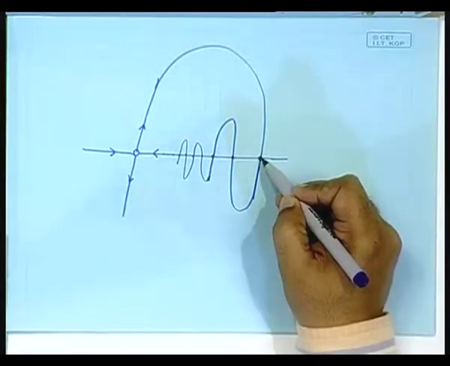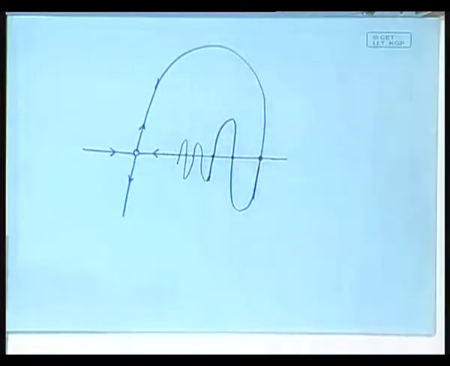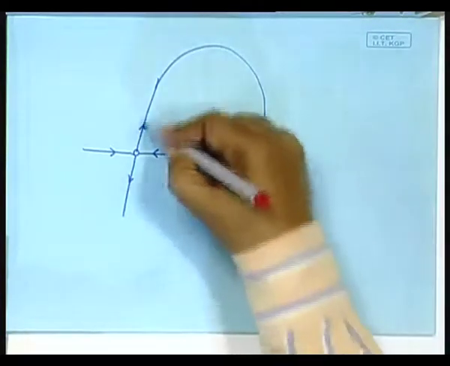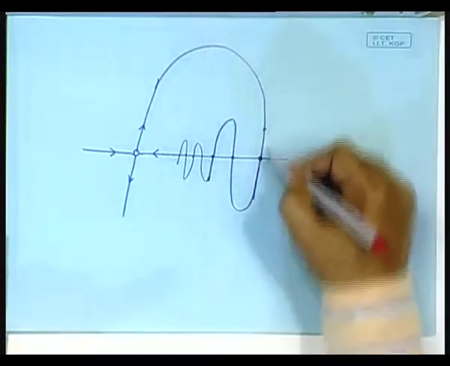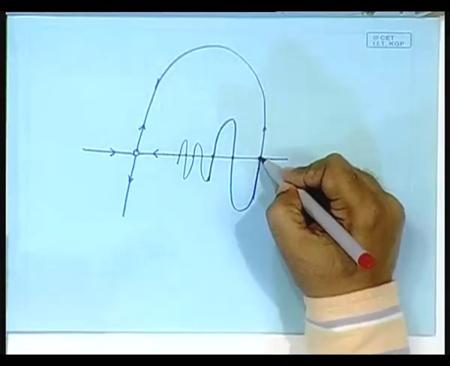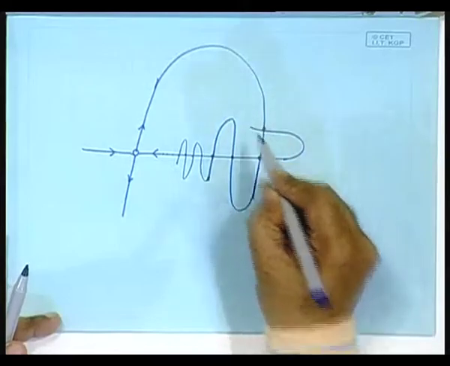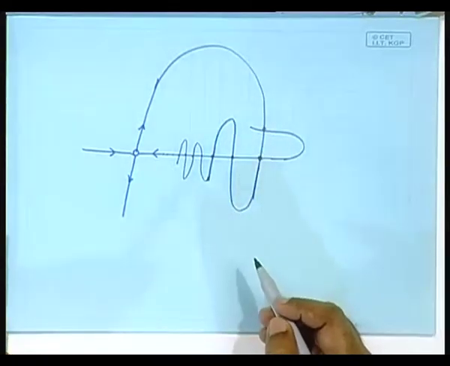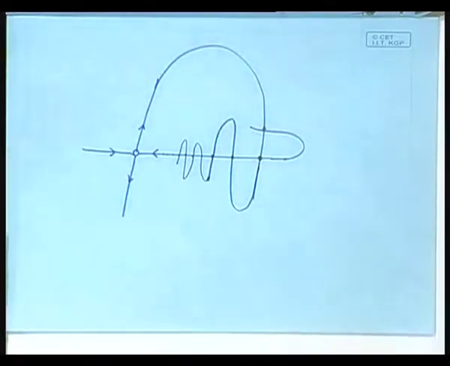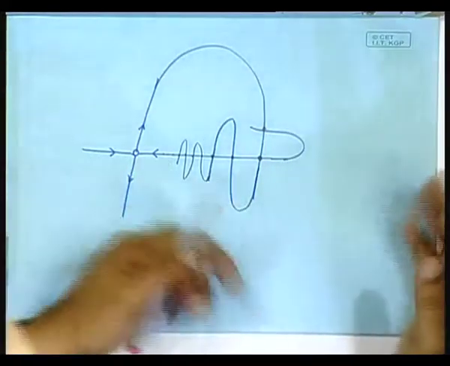Fine. Supposing it was here, because this is the unstable manifold, it goes in that direction. Suppose it was here, what does it mean? It means that this has to turn around and intersect, and so on and so forth backwards. So, both the forward iterates as well as the backward iterates should undergo an infinite number of intersections.